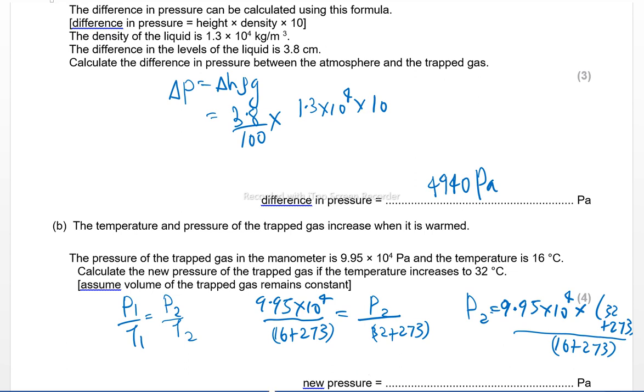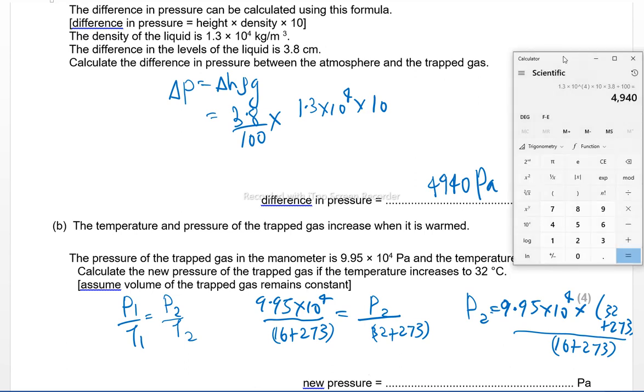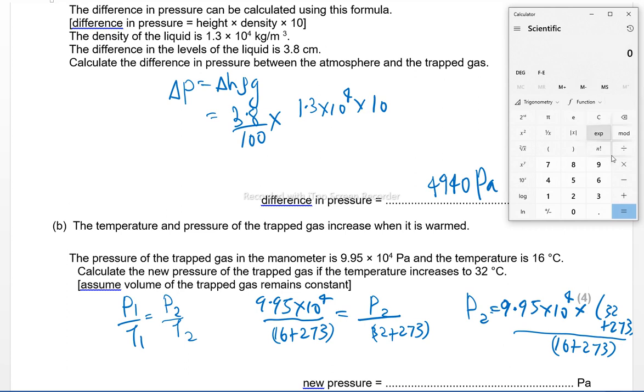Okay, children? Right. So we'll get the calculator and get the answer. So 32 plus 273, I get the answer 305. So instead of this, I can write it as 305, right?